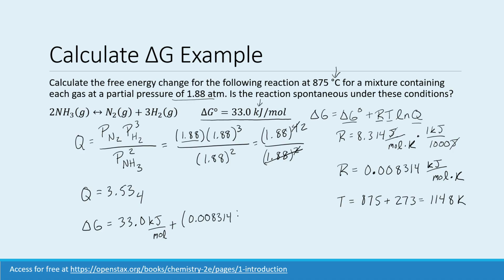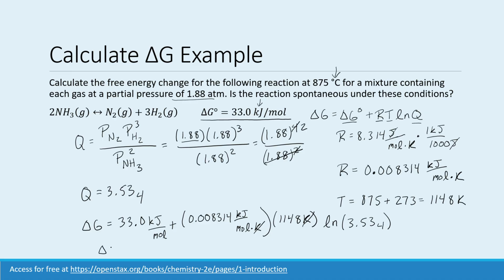Then add the R value, 0.008314, in kilojoules per mole Kelvin, times our temperature of 1,148 Kelvin. So our Kelvin will cancel. Now we've got both in kilojoules per mole, and then times the natural log of that 3.534.